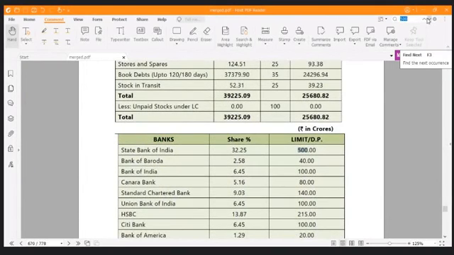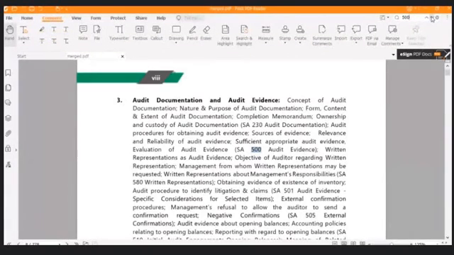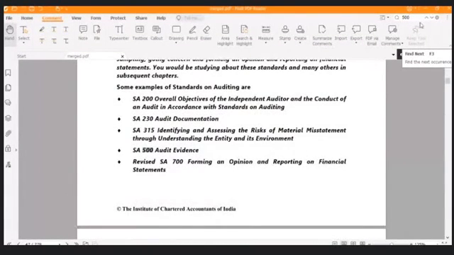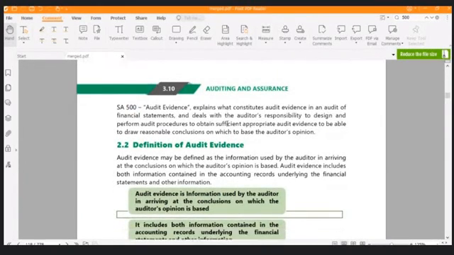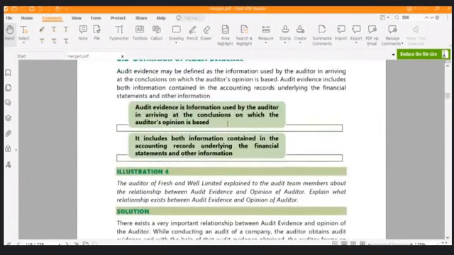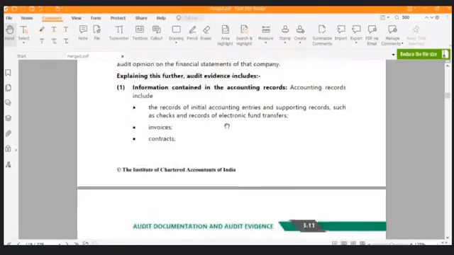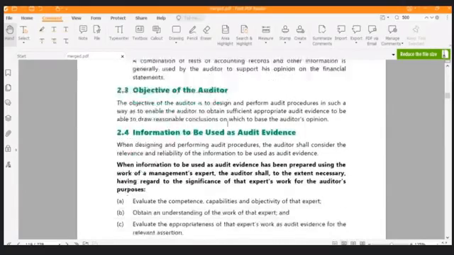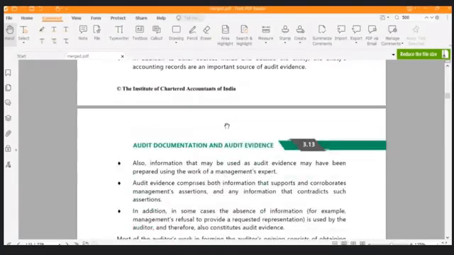You won't have the entire standard in the textbook itself. It's not always practical to give the entire context in one single area. Even in the third chapter, where most of it is defined, you have some descriptions, the definition of audit evidence, and certain things that can be used. It's not a complete description.